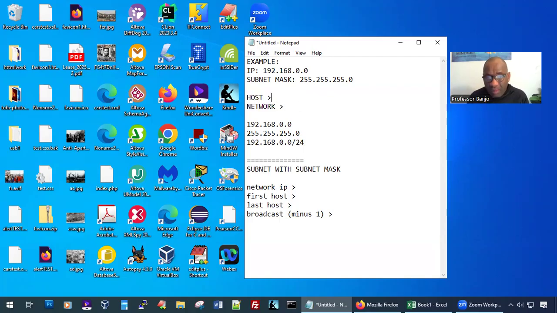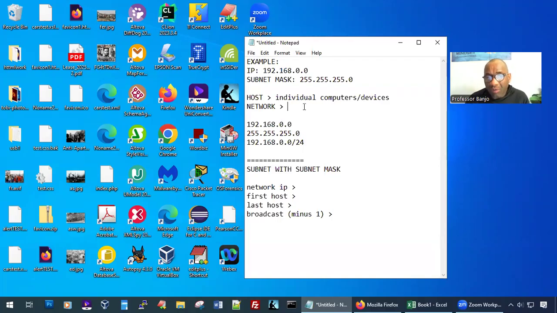When we say host, we're talking about basically individual computers, slash devices on the network. That's when we say host. So if there are 10 computers in a small business, then there are 10 hosts. And then you have the network portion of the IP address.